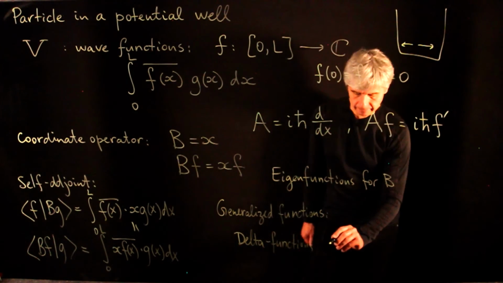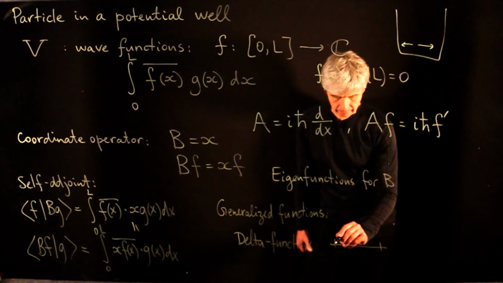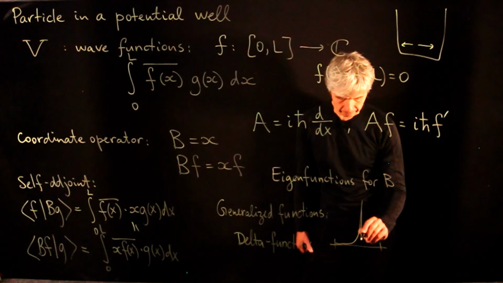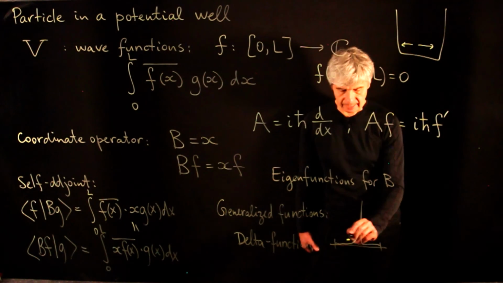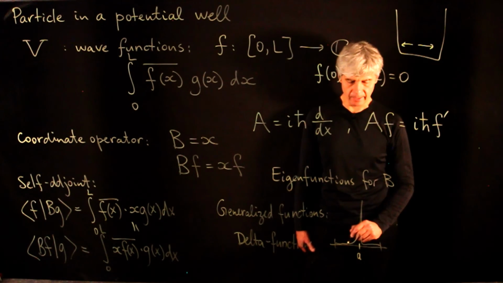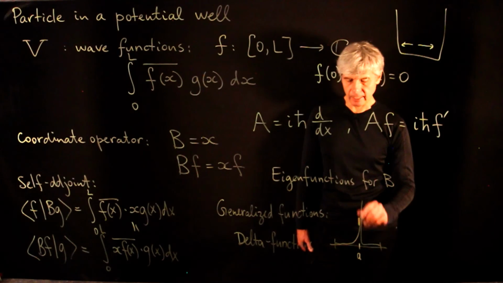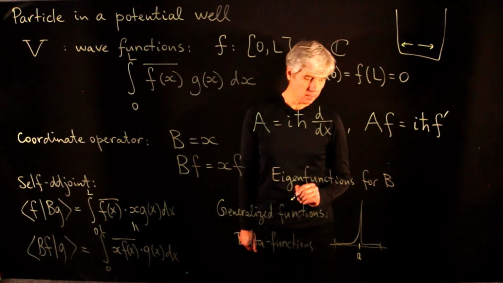So naively, a delta function is a function that is zero everywhere except for some location A. And in this location A, physicists like to think that it has infinite value, right?